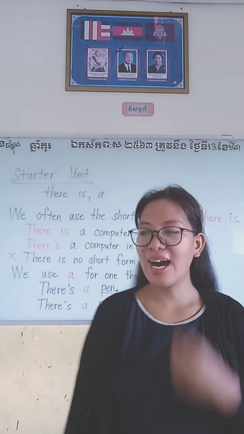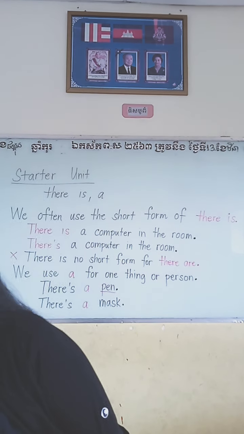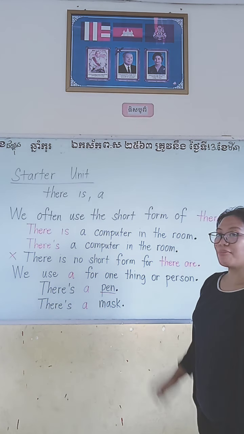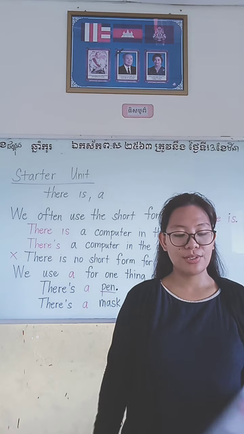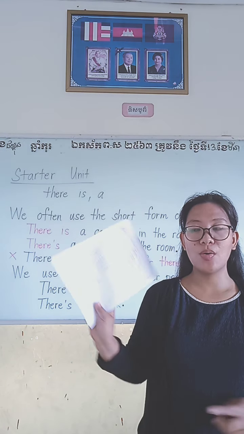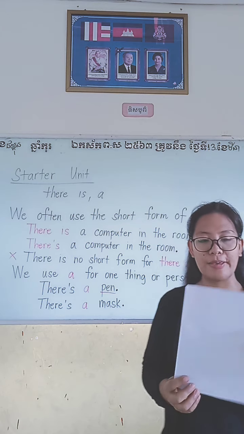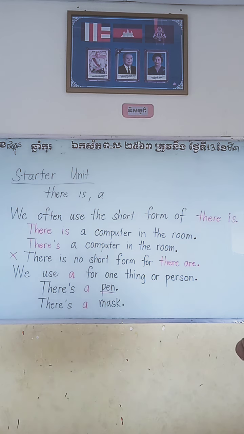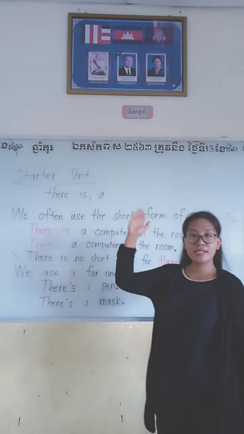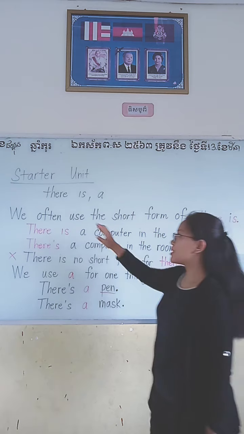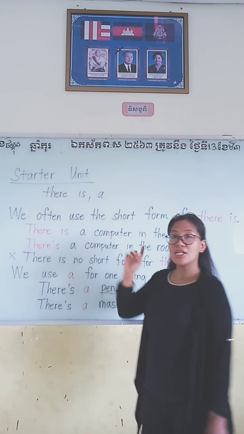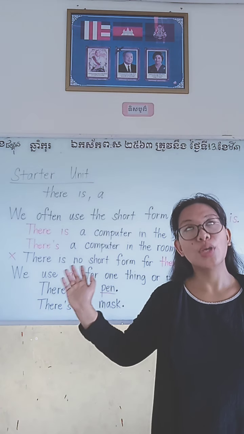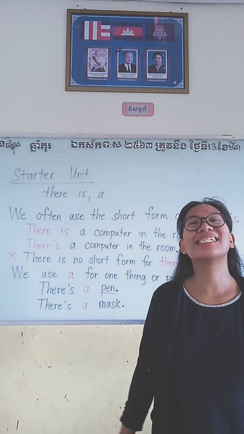Okay, so for now, let's just have a quick review, and I'm going to tell you about your homework, how you can answer this. This is the last part. We just need to know how to use there is and a. So both of them, we use it for what kind of noun? Yes, you're right.